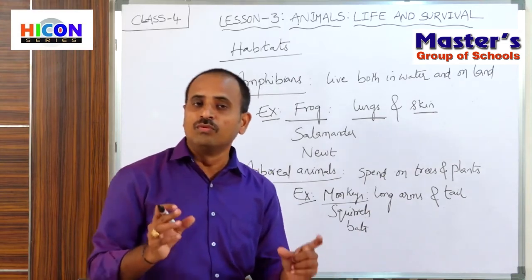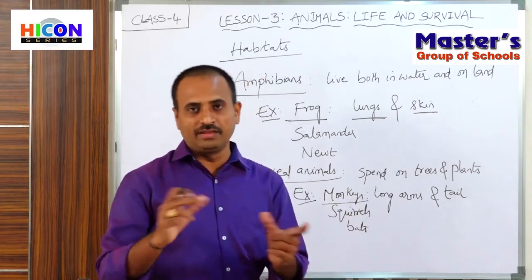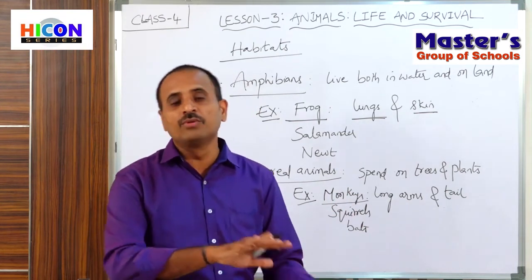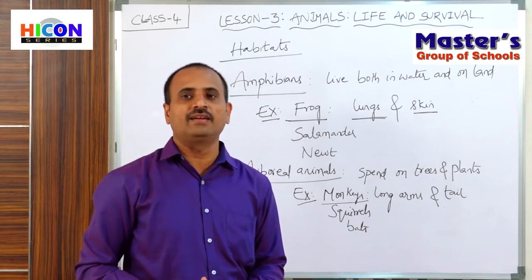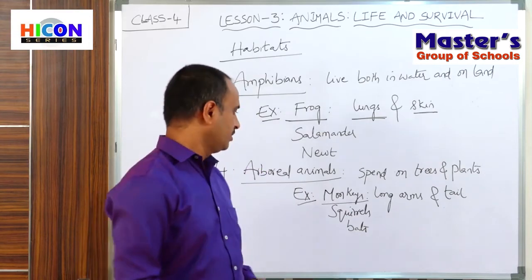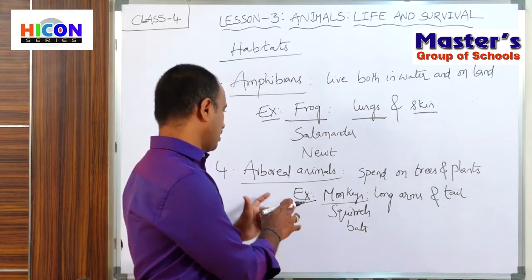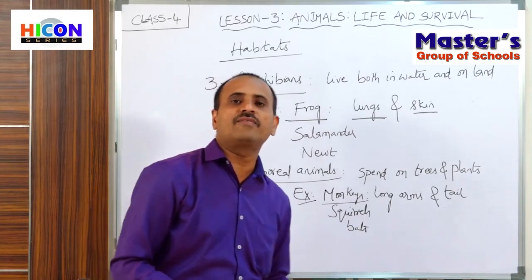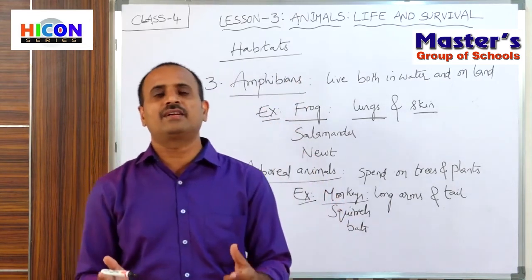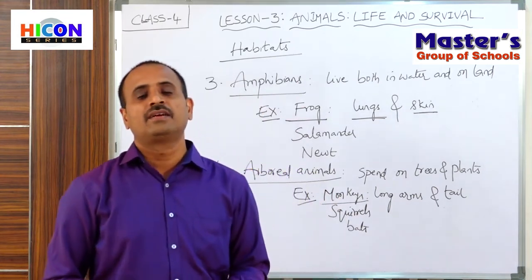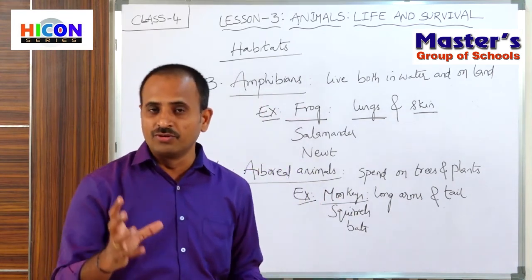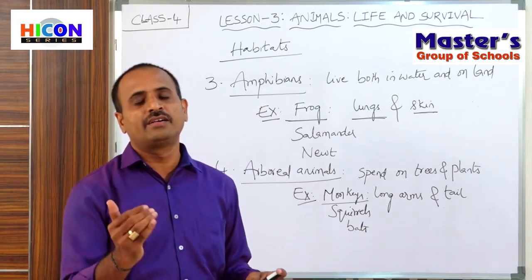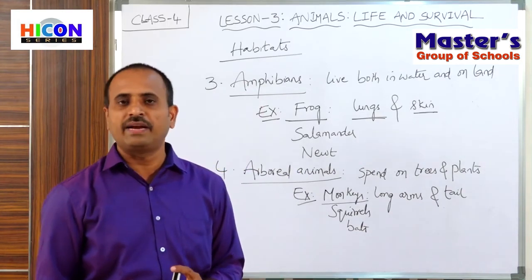That means to move from one tree to another tree, and it can swing from one plant to another plant with the help of its tail. So children, this is about arboreal animals. And also squirrels, if you observe squirrels, they always live on plants and the branches of the plants, and they eat the fruits and nuts of the plants, and they always stay on the branches and trees and leaves of the plants.